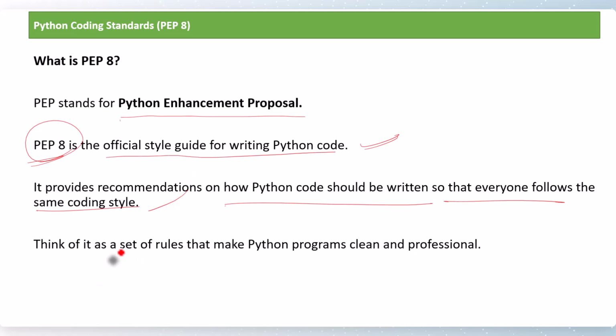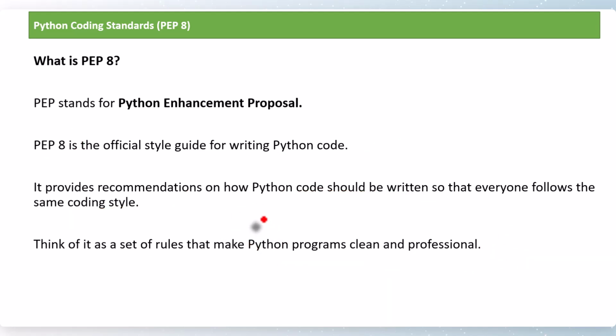Think of it as a set of rules that make Python programs clean and professional. When n numbers of people are working in a team, how are all the programs professionally written? PEP 8 has provided a set of rules that makes our programs clean and professional.